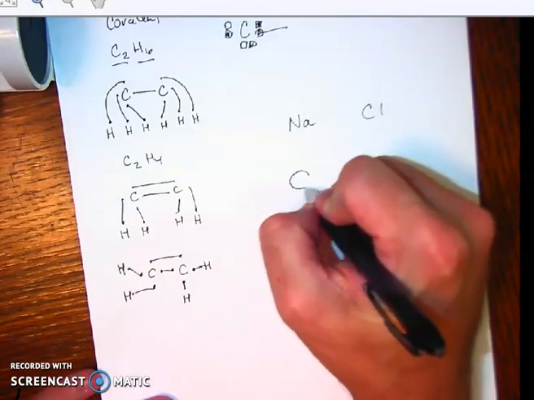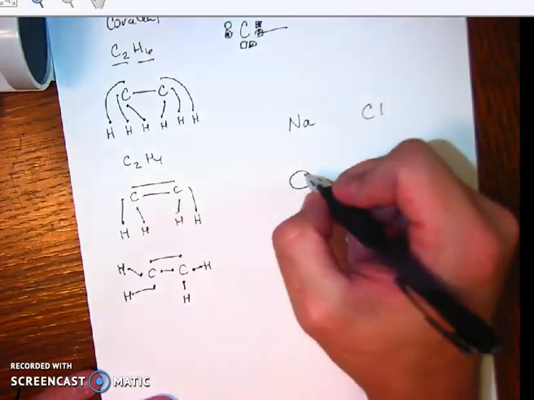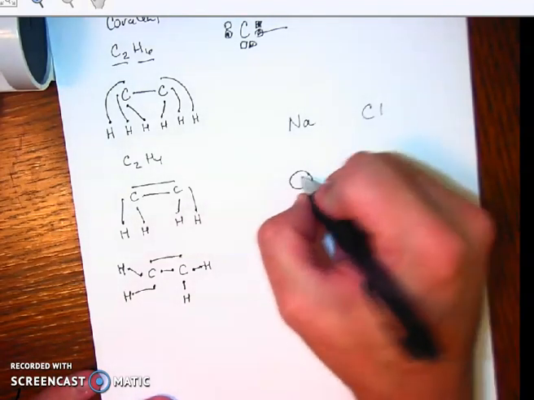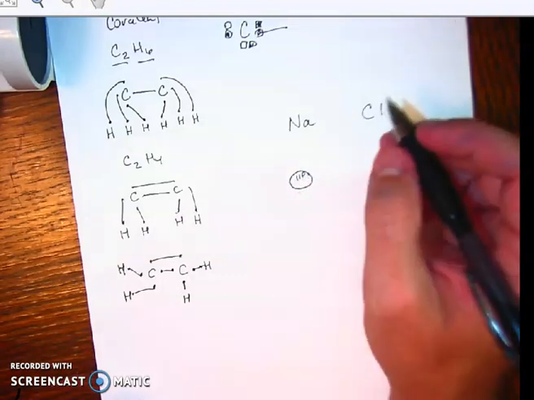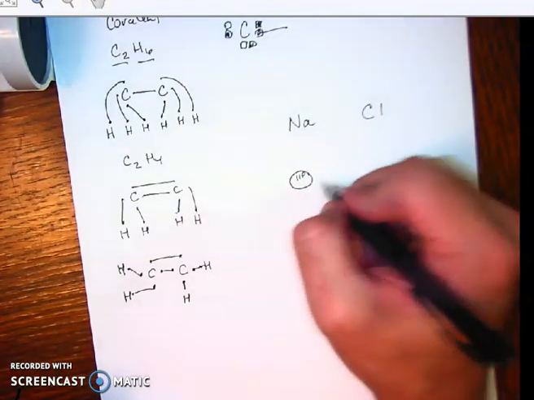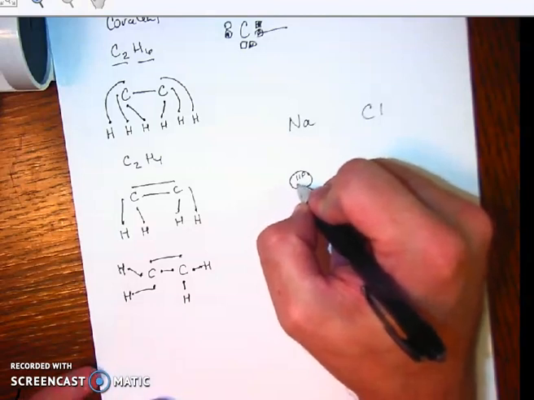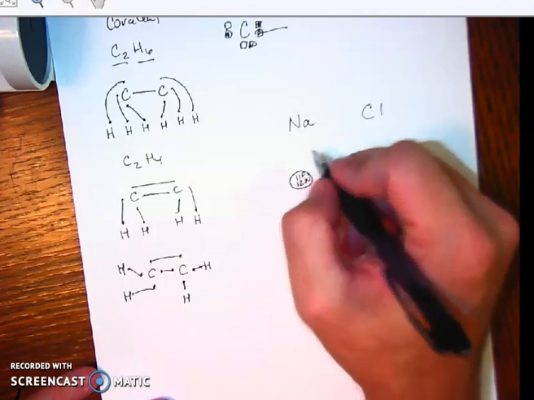So if I have sodium, I'm going to put that sodium, it has 11 protons. Technically, the number of neutrons doesn't matter. I am perfectly fine if you don't put it in there if you don't want to, because you're so used to it. The atomic mass is 23, so therefore it's going to be 12 neutrons.